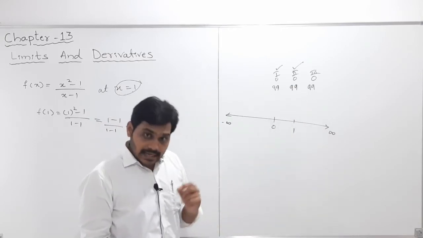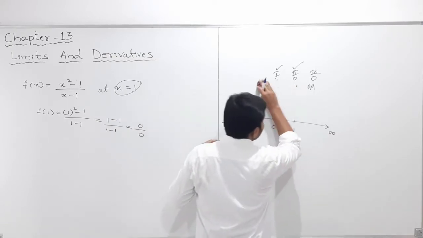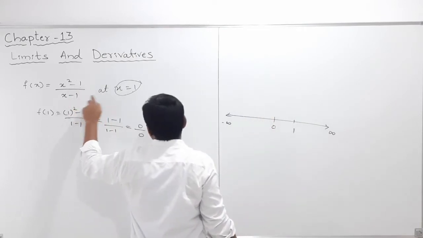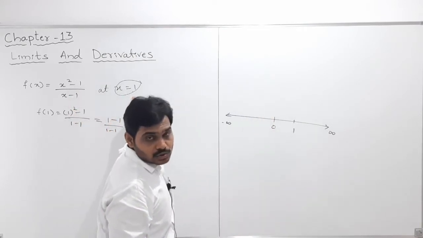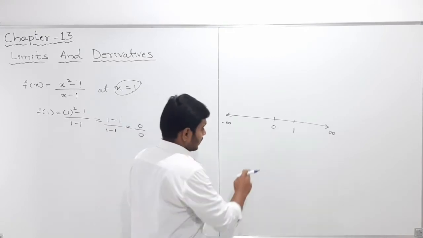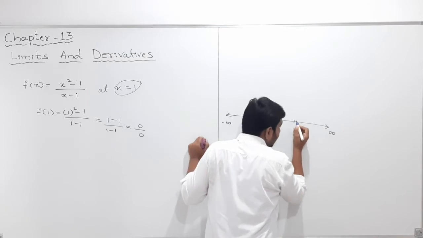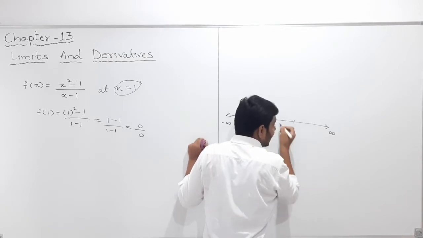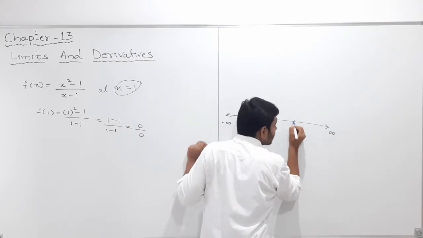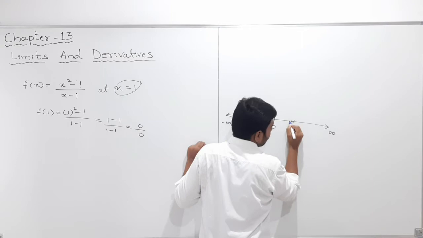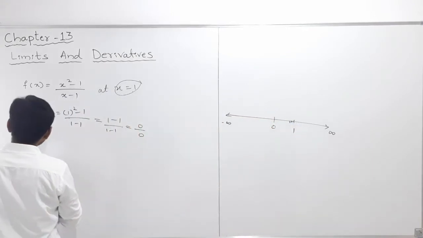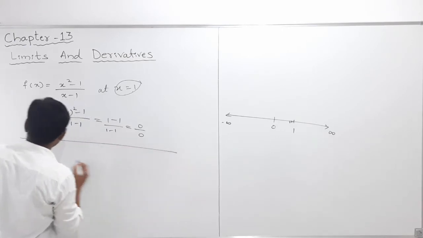In limits, in this case also, my dear students, in this function we cannot give exactly x equal to 1, so I'll check the neighborhood. Here this is 1. I'll take the neighbor of this point 1, very close to it. I'll take any one point. Say for example, I'll take one table so that you can easily understand.